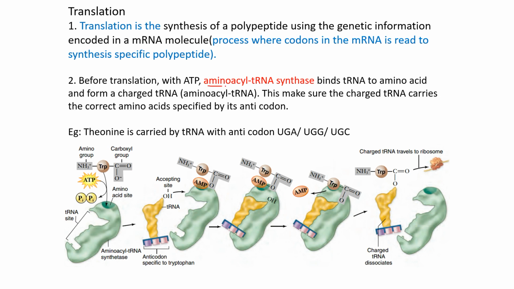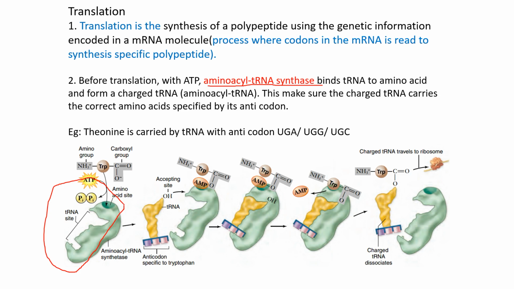Amino acid tRNA synthase, coupled with ATP, as you can see from this diagram here. This amino acid tRNA synthase or synthetase, both can be accepted, will bind tRNA to amino acid to form a charged tRNA, and a charged tRNA is known as amino acid tRNA.